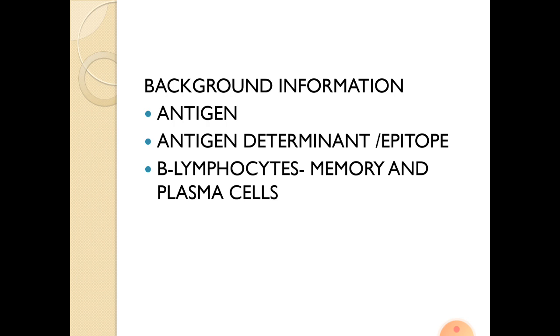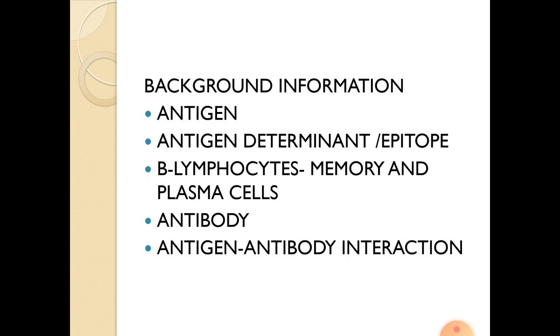Memory cells are retained in the system as such, and ultimately it is the plasma cells which are going to produce antibodies. Then we should know what is an antibody. Antibody is a blood protein which is produced to counteract the effect of antigen.